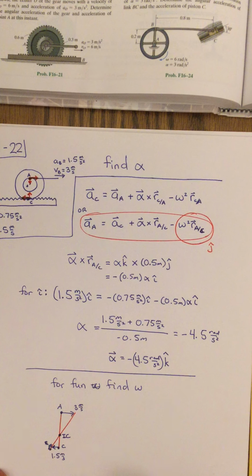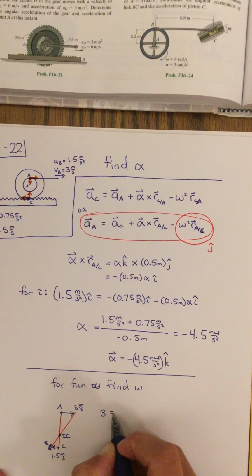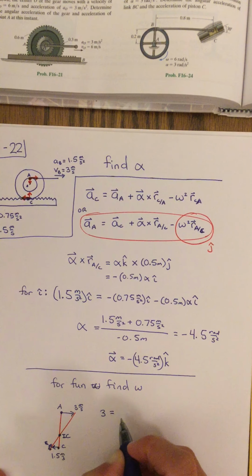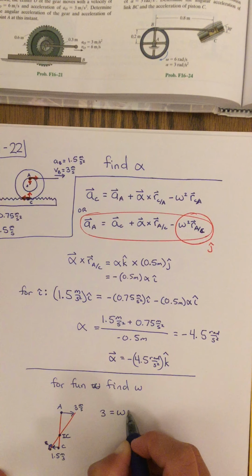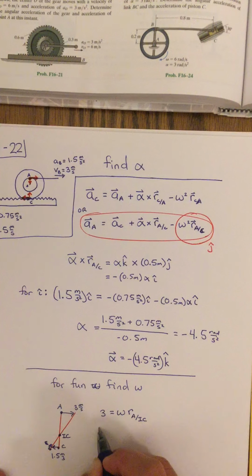Now I know for the instantaneous center of zero velocity, I can say the speed of point A, which is 3, is equal to the angular velocity of the gear times the position of A with respect to the instantaneous center. Can do the same thing here and say the speed of point C, which is 1.5, is equal to the same angular velocity times the position of C with respect to the instantaneous center.